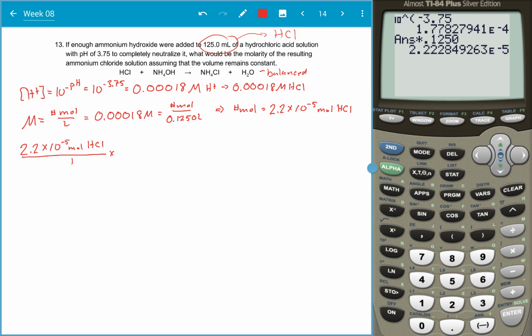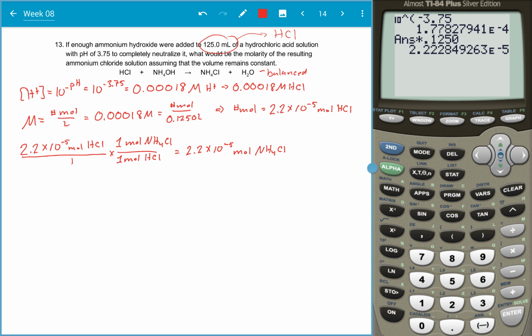And from our balanced equation, we can see that 1 mole of HCl is equivalent to 1 mole of ammonium chloride, the chemical the question's actually asking about. So, that actually doesn't change my number very much. We end up with 2.2 times 10 to the minus 5 moles of ammonium chloride.